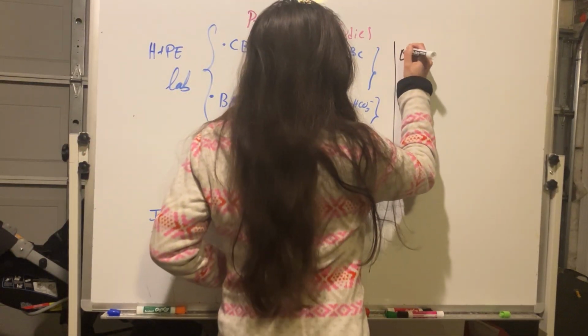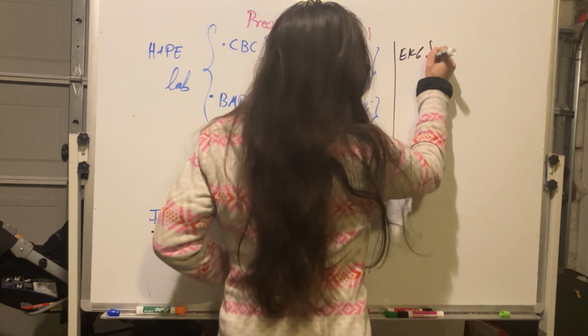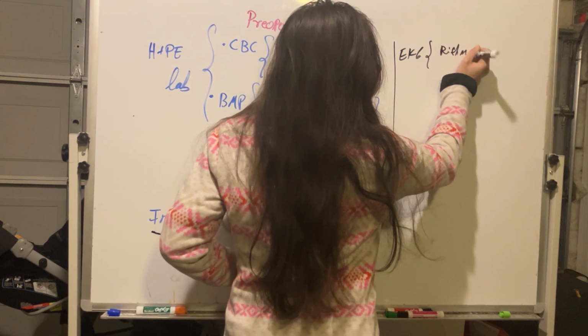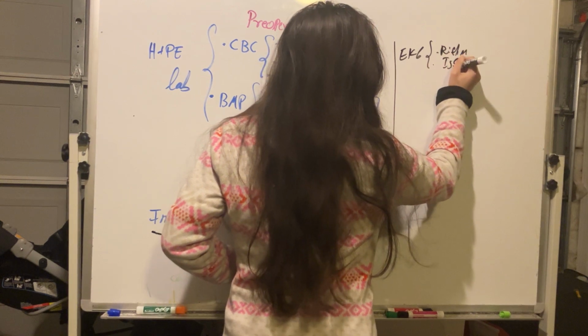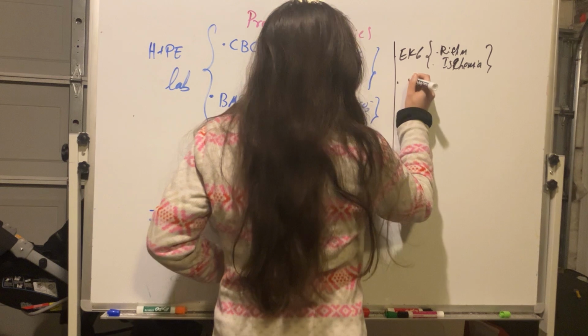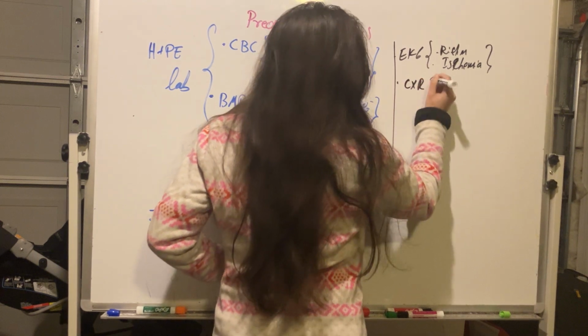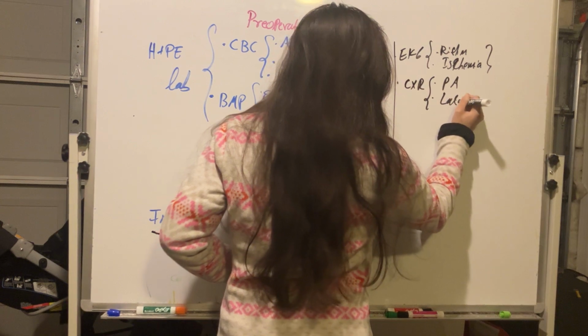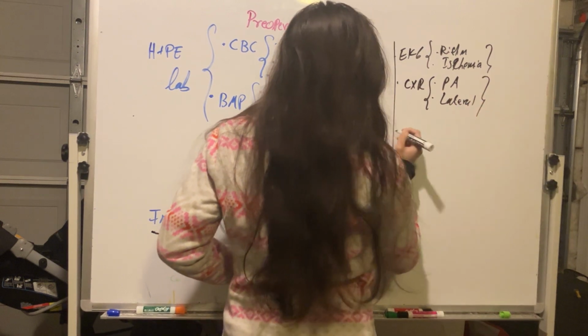This will be an EKG. This is to evaluate for cardiac rhythm and ischemia. Chest X-ray. This is a posterior anterior view and a lateral view.